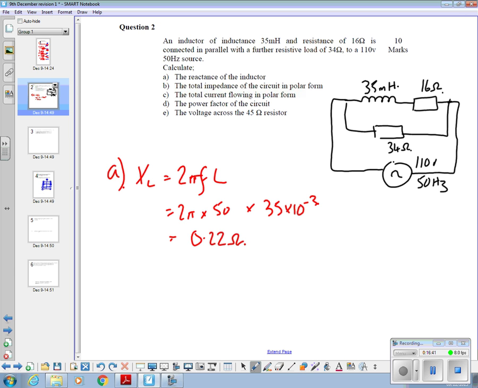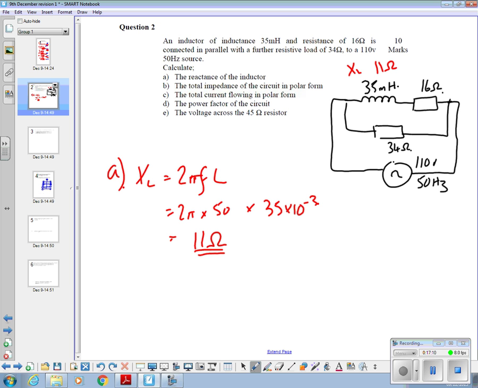That's what I got either. I got 11 ohms too. Yep. So I'm just going to add that on my diagram.